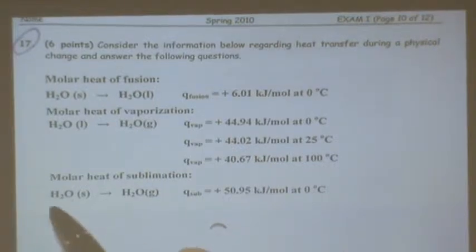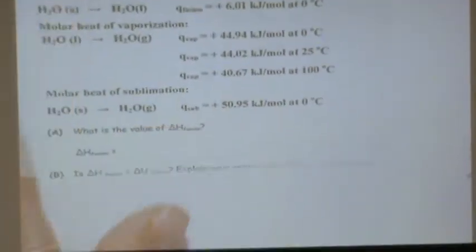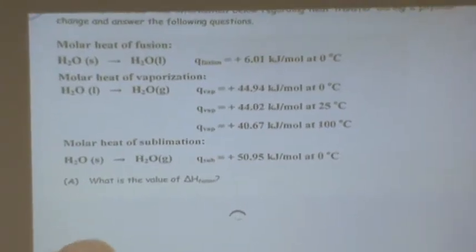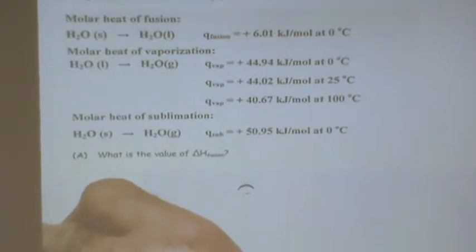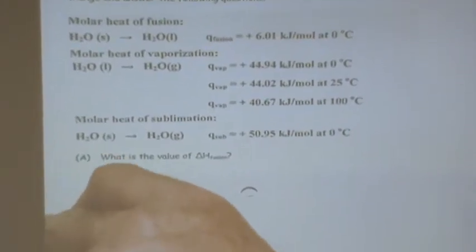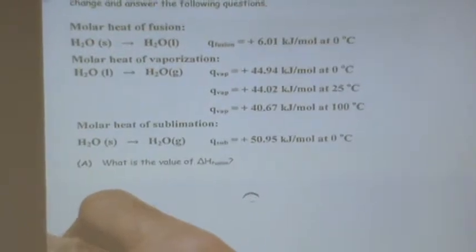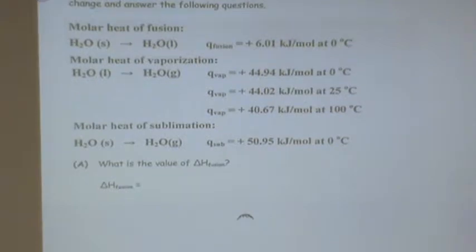And then this is sublimation, from solid to gas. Okay, now what are the questions here? Well, the first one is, what is the value of delta H fusion? Delta H is actually energy in the form of heat under constant pressure. So you can take that value and put it there, big deal.